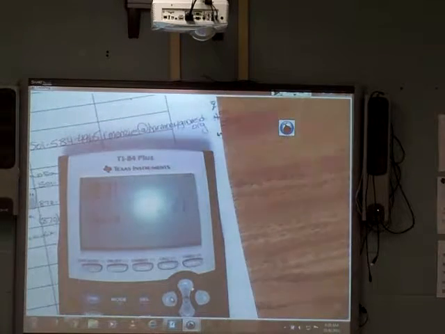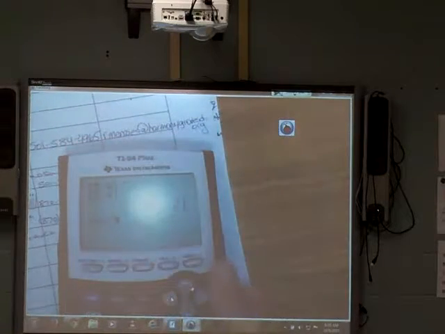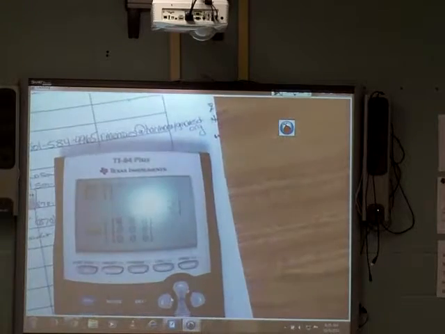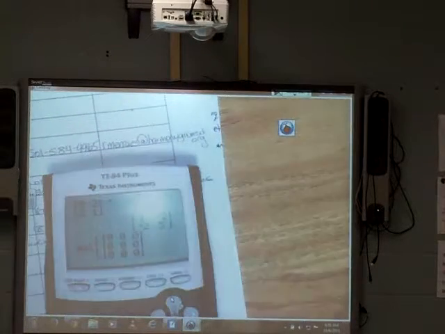Now I'm going to go type that matrix in the way Blake showed me yesterday. So I'm going to hit alpha zoom, and it's a 3x3, so make sure you change that to a 3x3. Should have something that looks like that. Okay.